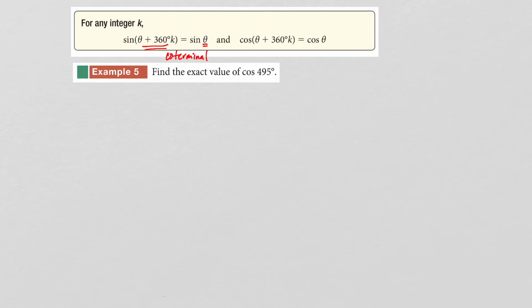So basically, for trigonometric functions, coterminal angles are kind of like the same angle. Same thing here for cosine. Cosine of theta plus 360k is equal to cosine of theta. And just to be fair, this is true for all of the trig functions, not just sine and cosine.